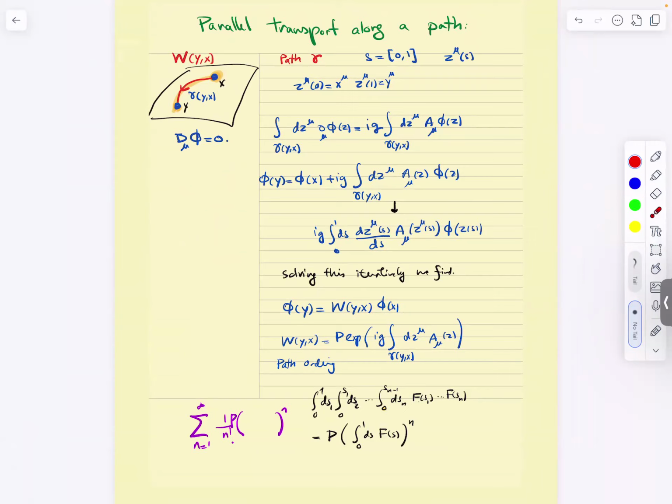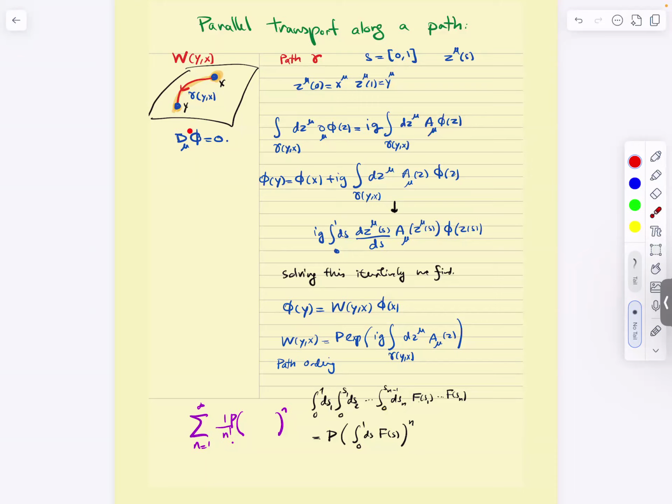What W of y, x does for you is parallel transport along a path. All right. So let's take phi and parallel transport from x to y. What does that look like? That's like integrating along this path of del mu of phi. Now, because we're parallel transporting, del mu of phi could be written as A mu of phi.